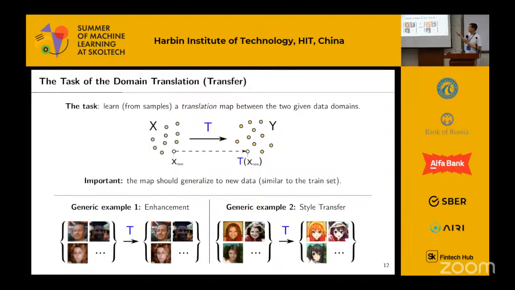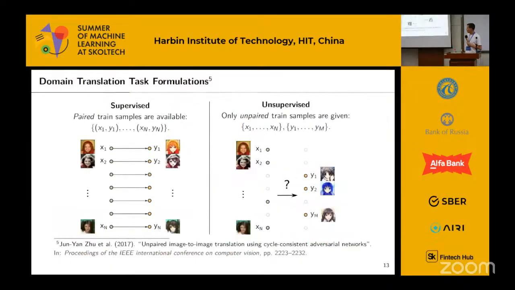The question is, how to apply generative models to solve such problems? Can it be done? A short answer is yes, but there are some nuances which have to be considered. First of all, these domain translation problems usually have two formulations which are drastically different. The first formulation is so-called paired domain translation, when during training of your model you have available pairs of data from the input domain and from the target domain.